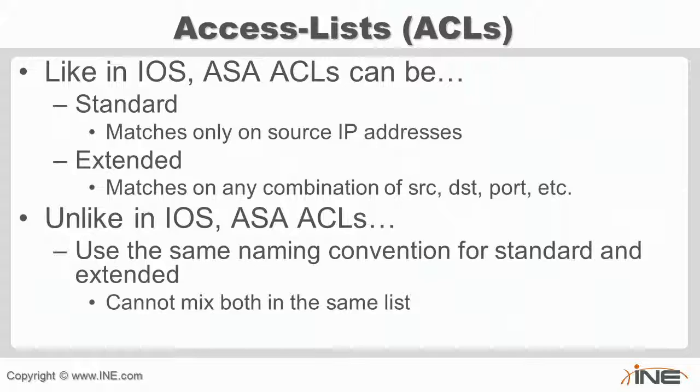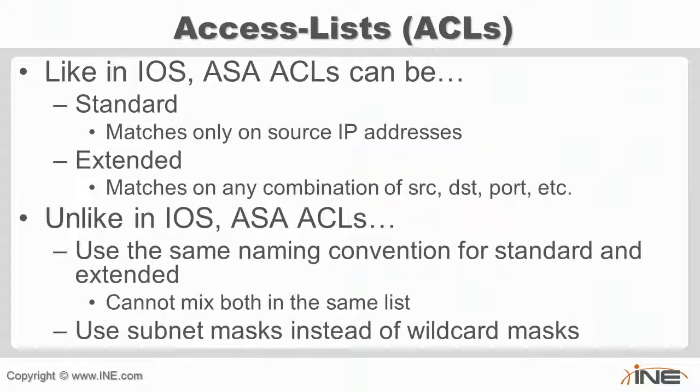Okay, the other very key point, and I mentioned this as we were talking about the routing protocols, is that the ASA uses subnet masks as opposed to wildcard masks.